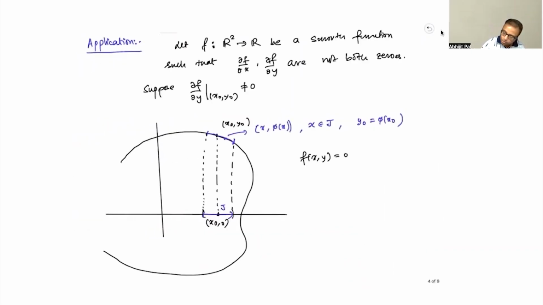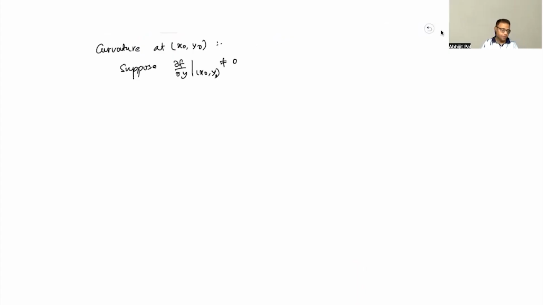Okay. So suppose you have this thing here. So what will be the curvature at (x0, y0)? So again, let us assume that ∂f/∂y is not equal to 0 at the point (x0, y0). Okay.